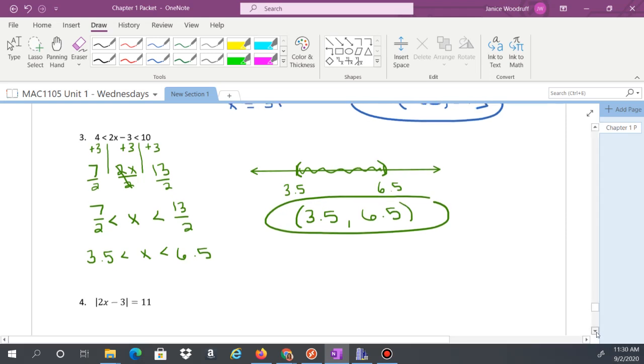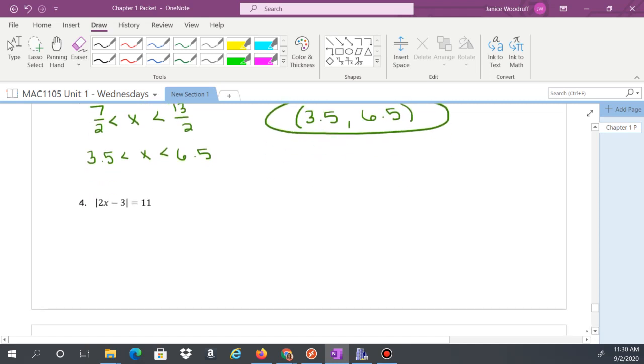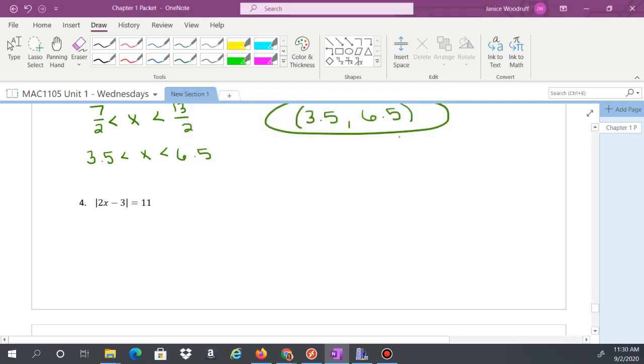So when I am solving an absolute value problem, I want to represent both directions on the number line, which would be to the left in the negative section, to the right in the positive section, which is why absolute value will always have two solutions. You would have to the left, to the right, negative, positive.